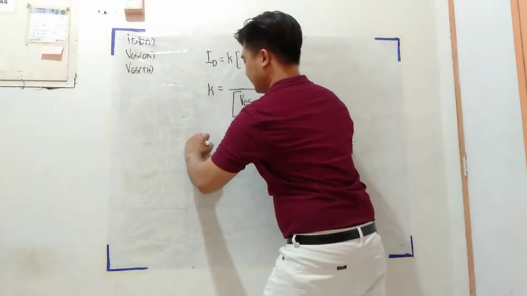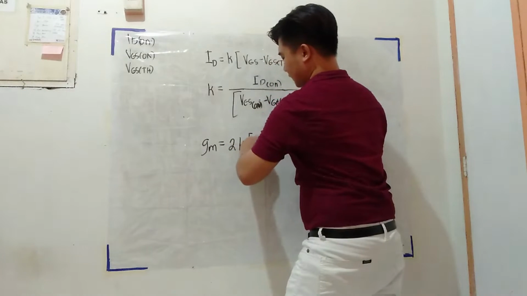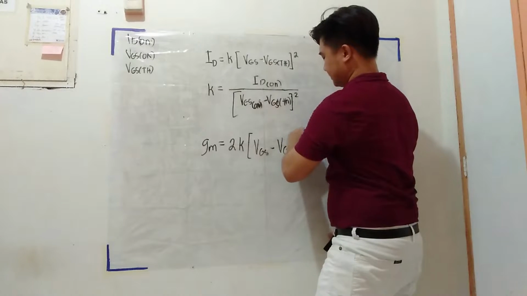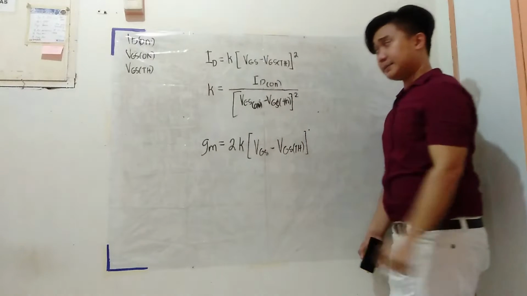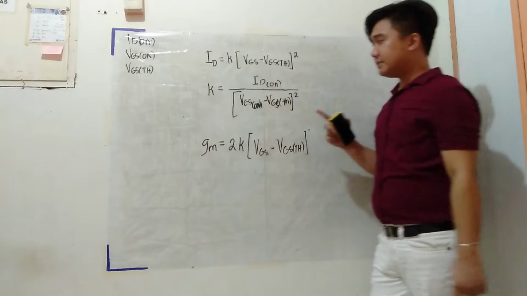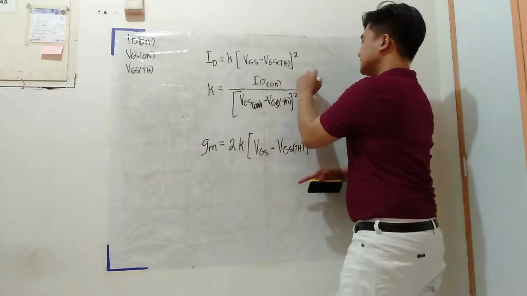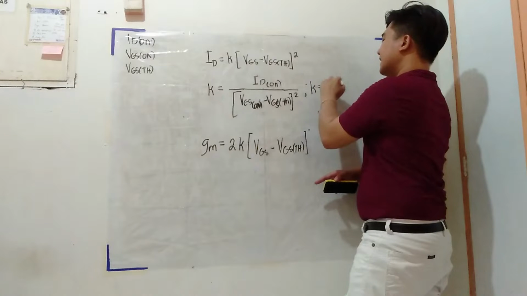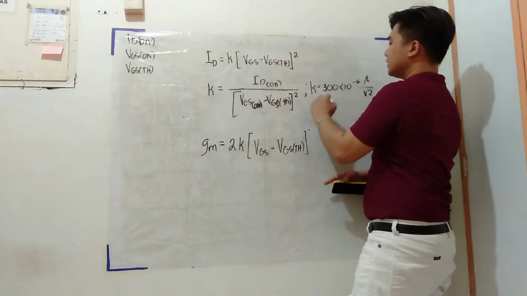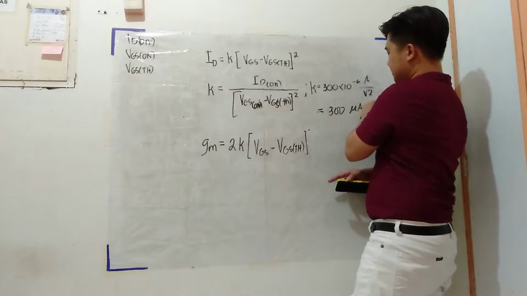And then, to get the value of transconductance, that is 2K times (VGS minus VGS TH). Okay? Meron po tayong isang fixed value na kapag hindi binigay si VGS on or si ID on, makukuha mo pa din si K. Si K po ay equal sa 300 times 10 raised to negative 6 ampere per volt squared, or simply 300 microampere per volt squared.